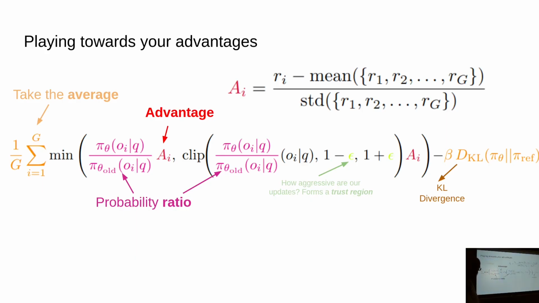tanh? You could probably do that. I think they use clip because it's probably computationally faster. But that's a good question. I do not know the answer of how that would affect this overall. I think you get similar results.